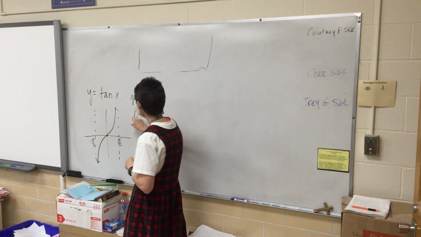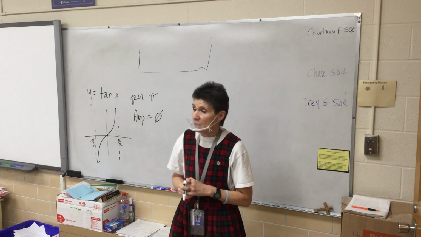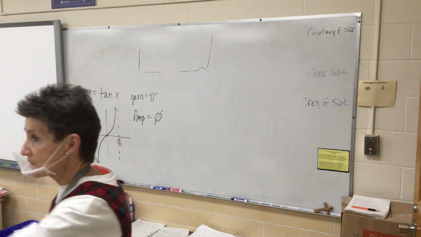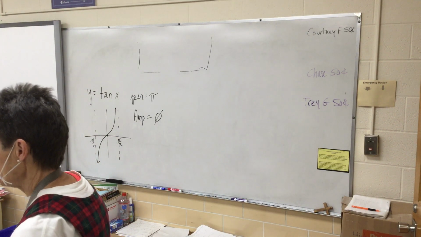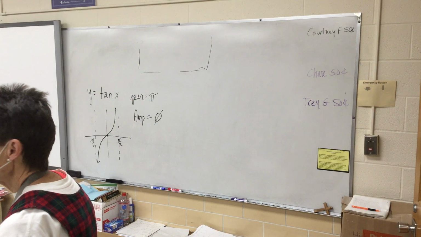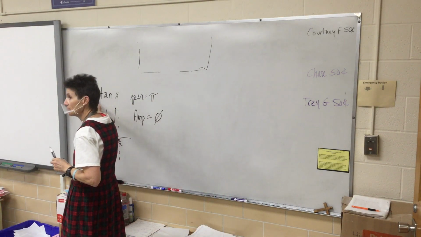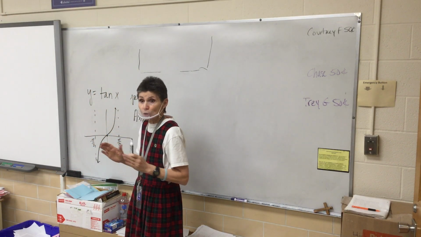Its amplitude is non-existent because amplitude involves height, and this curve has no height. So there's no amplitude. Now, we can still put numbers in front of the equation for sure, and that will change the curvature.